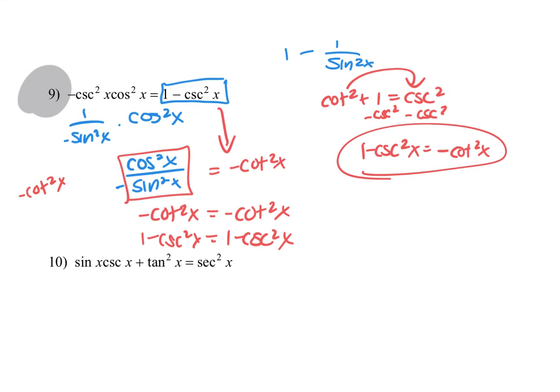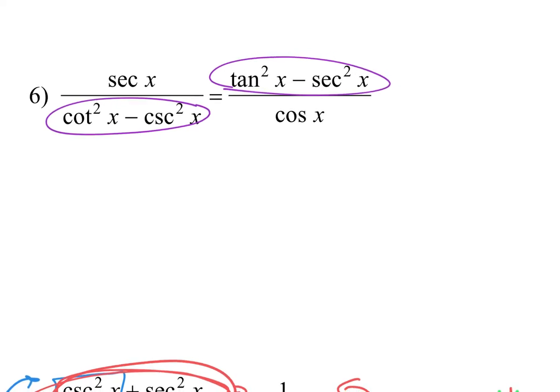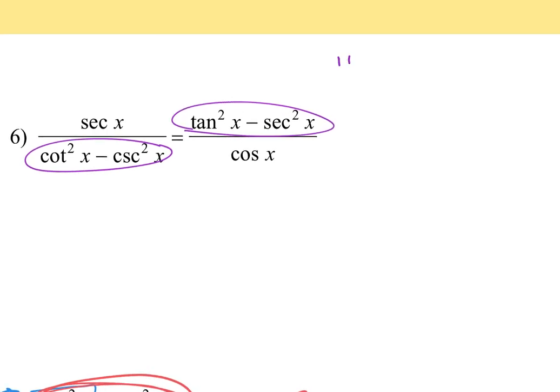Can you do number 4? Kinda, yeah. What'd you do? All right, so I probably would have, because you can do either this side or this side with your Pythagorean identity, 1 plus cotangent squared equals cosecant squared. So if I move this to here, this would have to go there.